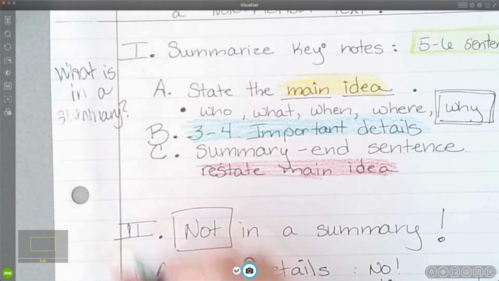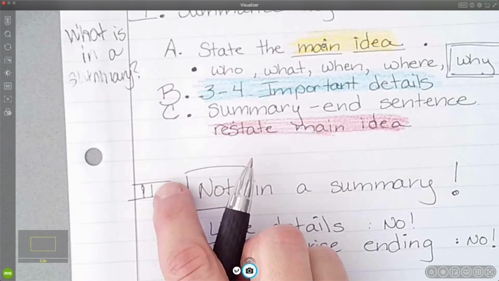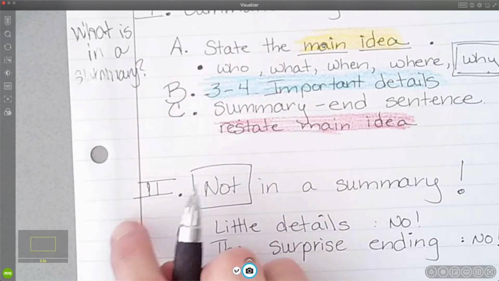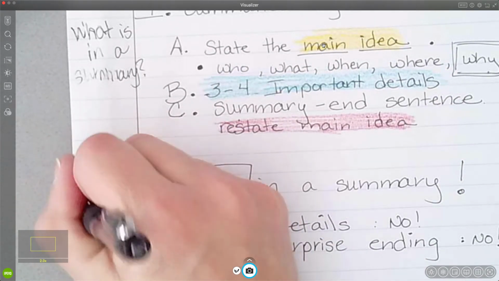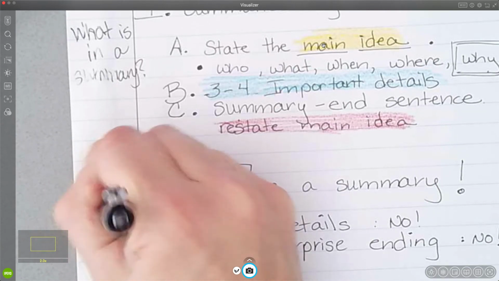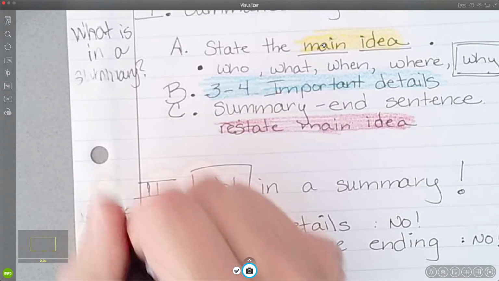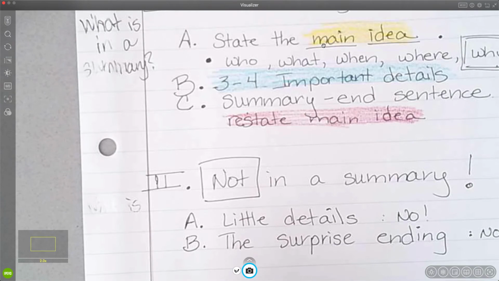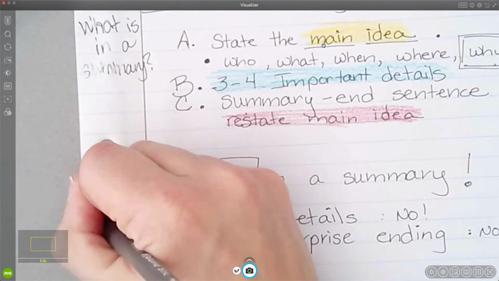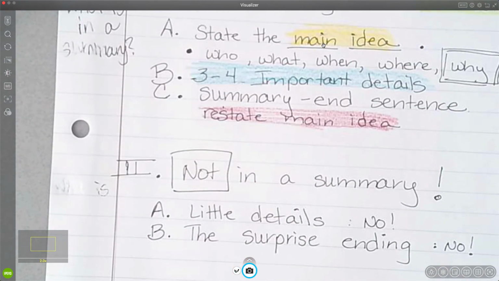Okay, Roman numeral number 2, our question is, what is not in a summary? Let me see if I can find a different pen to write with. Let's try this one. Nope, that doesn't work either. You're going to have to just work with me.